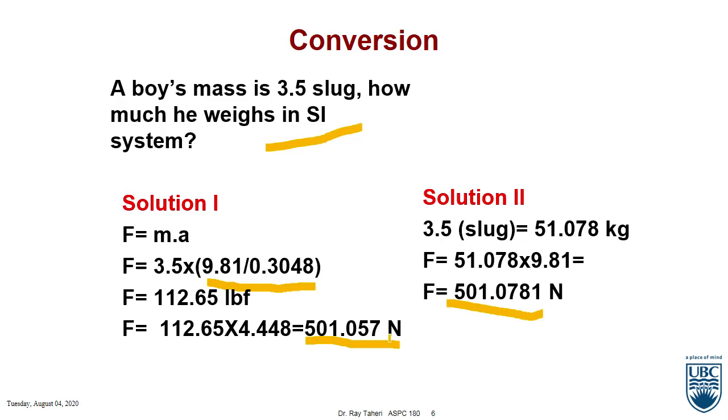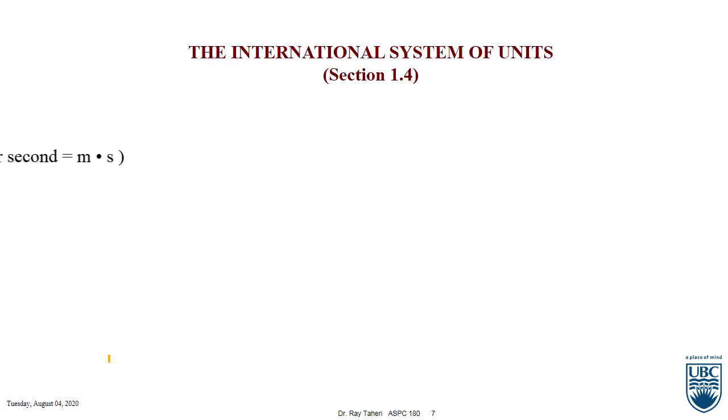A little bit of difference. It comes because of the rounding here and the rounding here. I hope this explains both methods are correct. I like the first one a little better because it goes more fundamentally step by step.